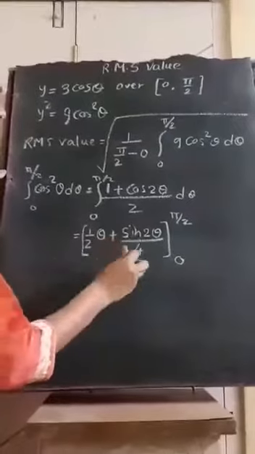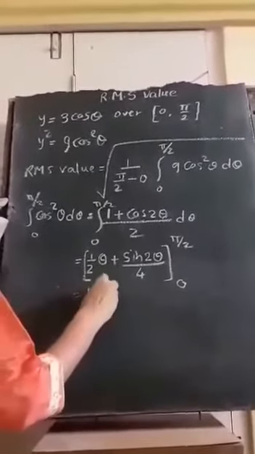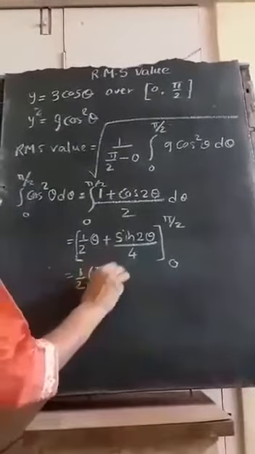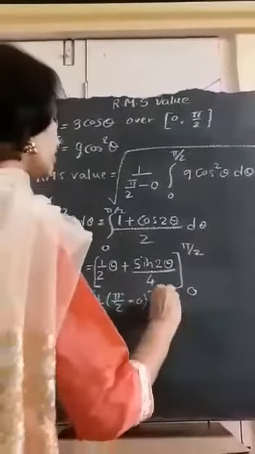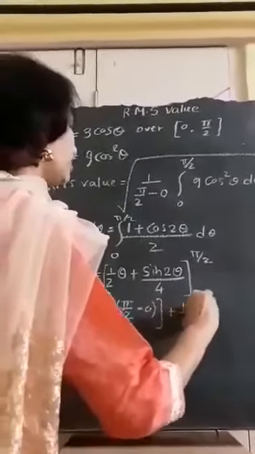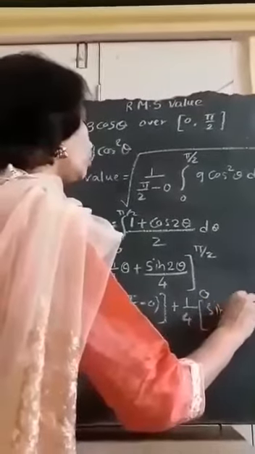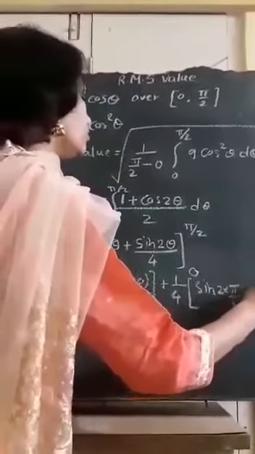Please remember this. I will be doing 1 by 2, then pi by 2 minus 0. This is the substitution for the first part. Then for second part I have taken 1 by 4 common, sine 2 into pi by 2 minus sine 0.